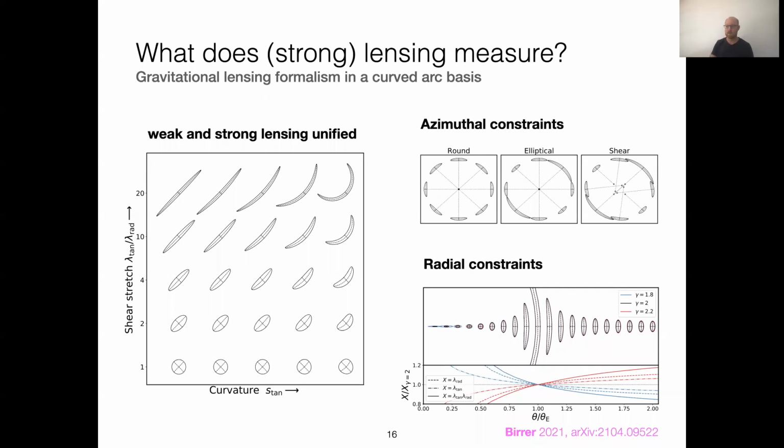We found a unified weak and strong lensing description, the curved arc formalism, that allows us to gain further insight into what are actually observables and what are inherent degeneracies that are broken by certain model assumptions. Radial and azimuthal constraints on the observables are illustrated here, and radial constraints can be decoupled, so we can better know what are model assumptions and what are observable constraints directly. So check out this paper.